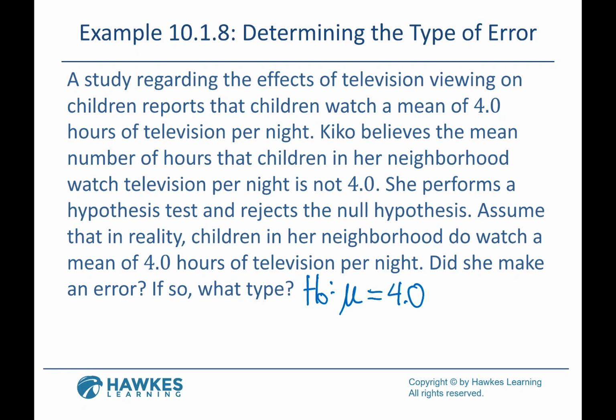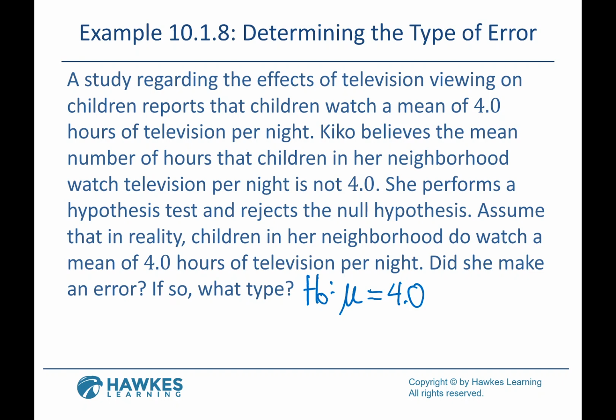Okay. So she performs a hypothesis test and rejects the null hypothesis. Okay, so this is rejected. Assume in reality, children in her neighborhood do watch a mean of 4 hours. So if children actually do watch 4 hours of television on average, our null hypothesis that the mean is 4 was true, right?